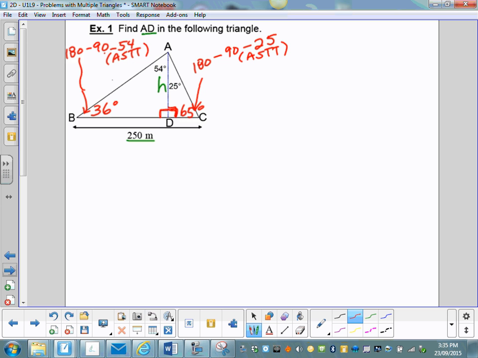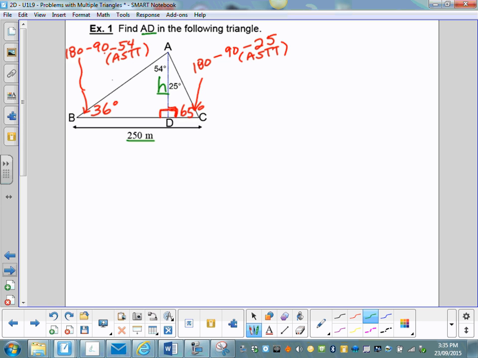All right. Now, in order to find this H value, which is that side AD, we really need to find one of the sides in one of these smaller right angle triangles.